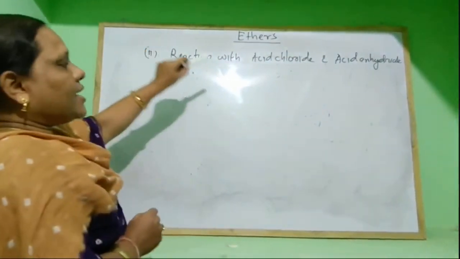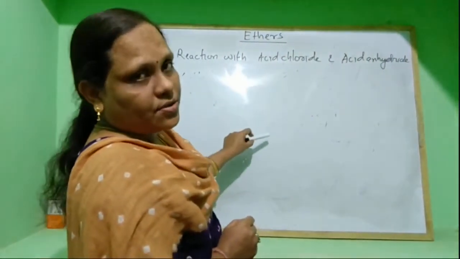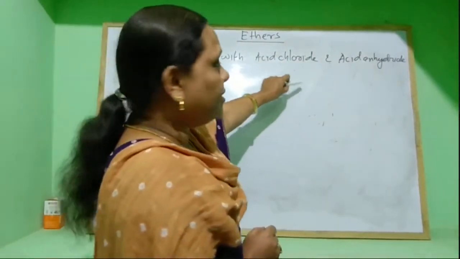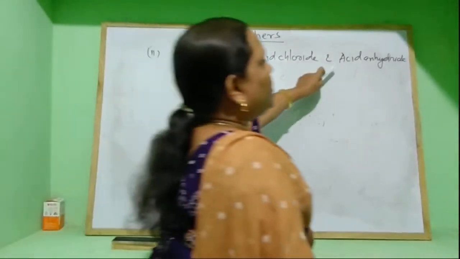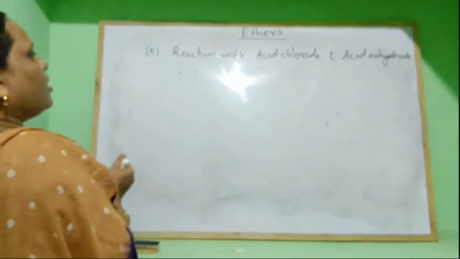When ether reacts with acid chloride in presence of anhydrous zinc chloride, it forms alkyl chloride and an ester. But under such conditions, if it reacts with acid anhydride, then only esters are formed.